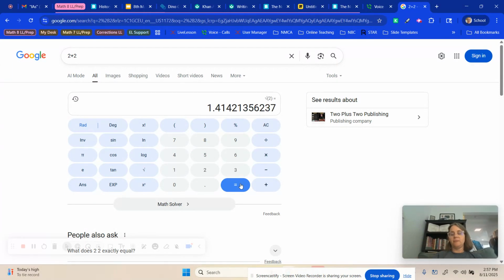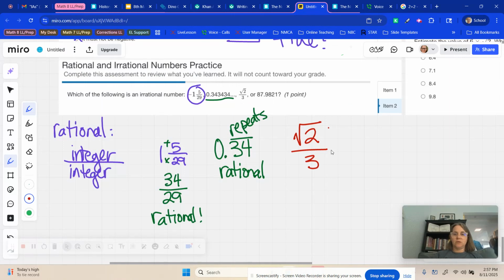Oof, look at that. 1.414213, blah, blah, blah. 1.4142, and then it keeps going, over 3.